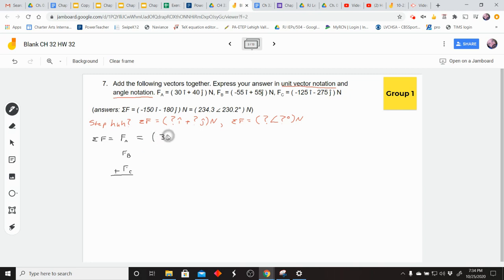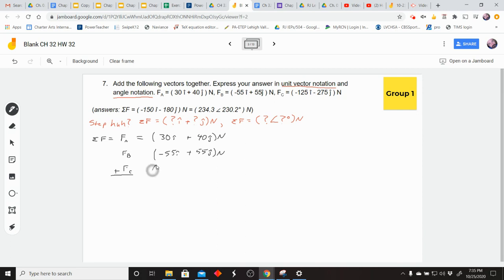So F sub a is 30 i hat plus 40 j hat newtons. F sub b is minus 55 i hat plus 55 j hat newtons.